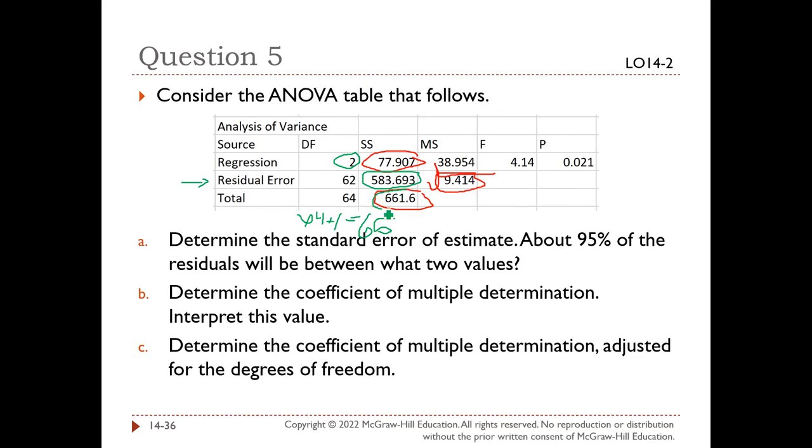We're going to use the total again, all in green, divided by N minus 1, which basically turns into 64. Okay?